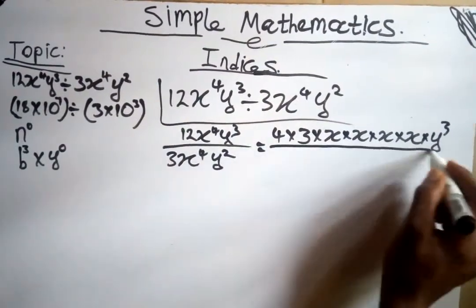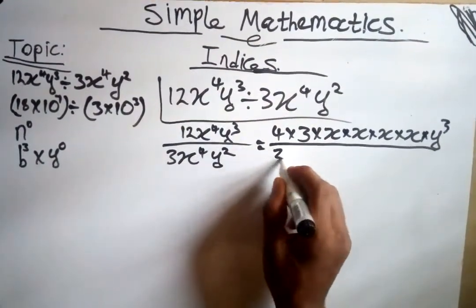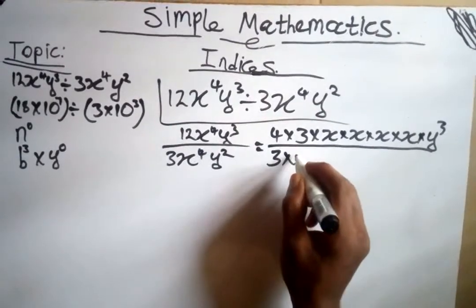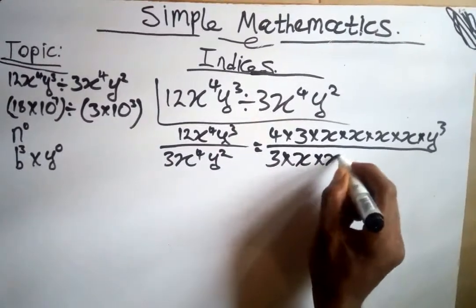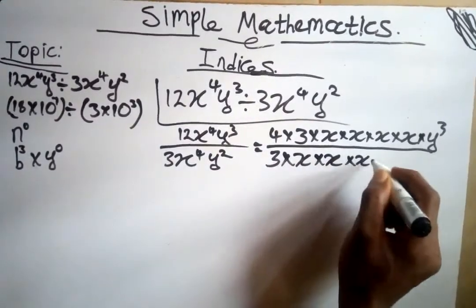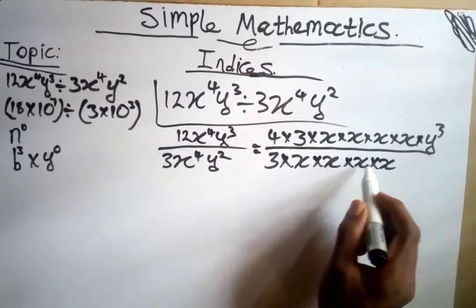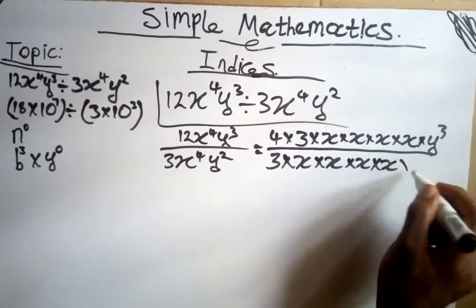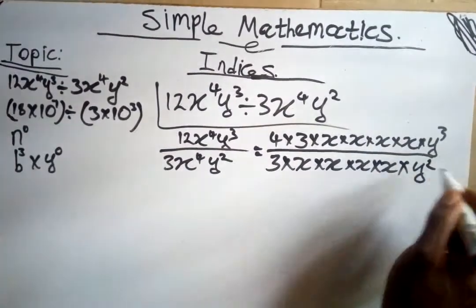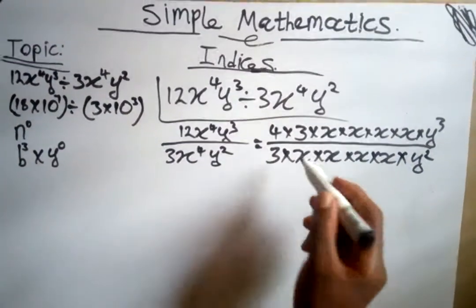So everything over 3 multiplied by x multiplied by x multiplied by x multiplied by x. So this is 1, 2, 3, 4. Then we leave y for now.